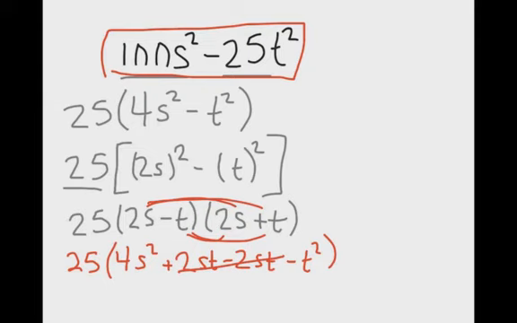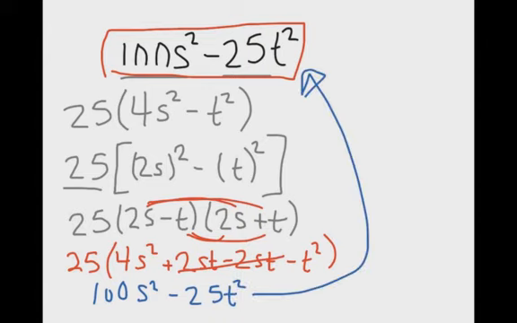Now let's distribute our 25. 25 times 4 is 100s squared minus 25t squared, which, if we look back up here, is exactly what we started with. So there's more than one way to solve these problems. All right, so let's do one more example.